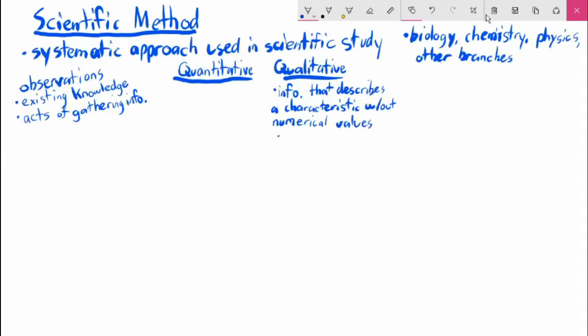So this could be something like saying it's red or it's blue, hard, soft, brittle, something like that.